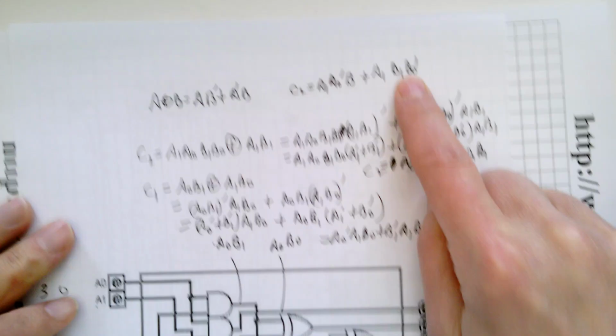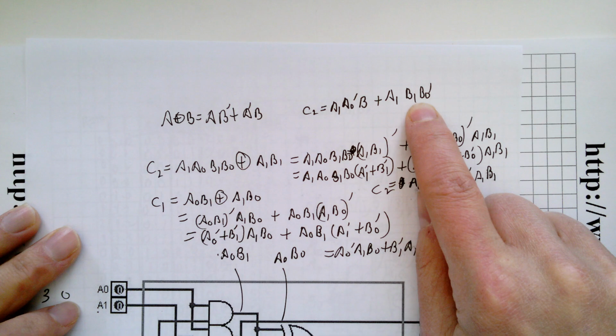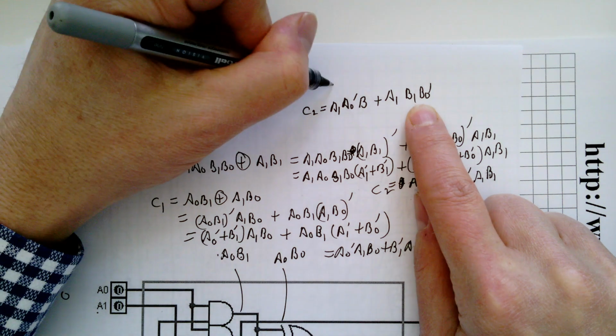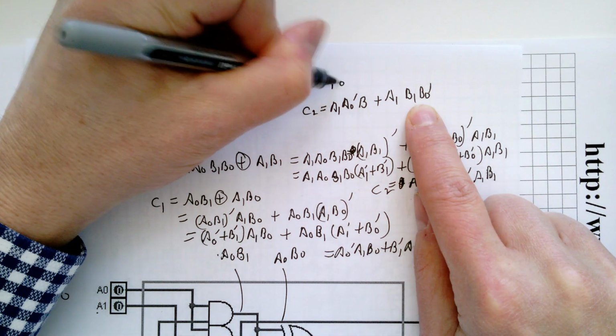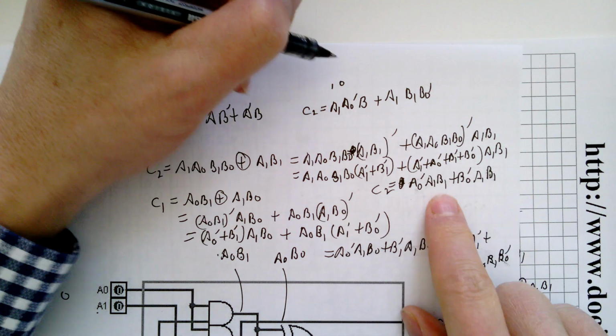I put it in this order so that I could have an opportunity to examine for the pattern 1, 0, and that should be B1.